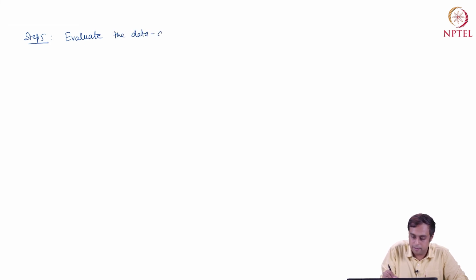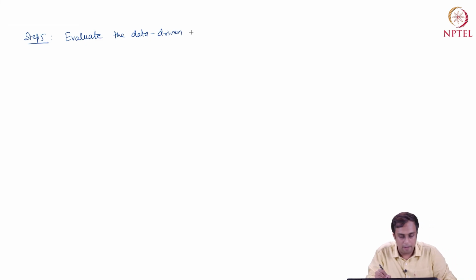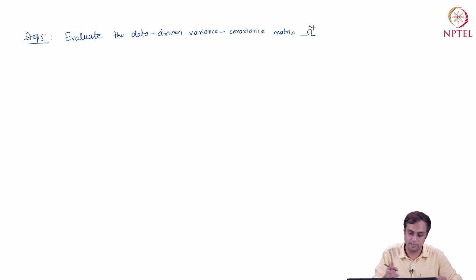So let's do that as step 5. Step 5 is just, we are saying, evaluate the data driven variance covariance matrix, and we are going to call it omega hat, because it's a data driven device.